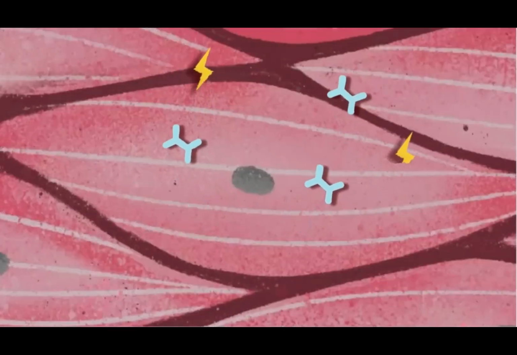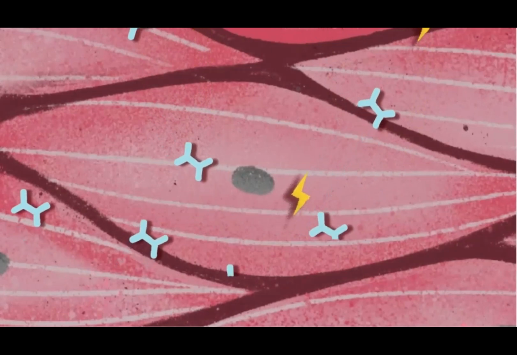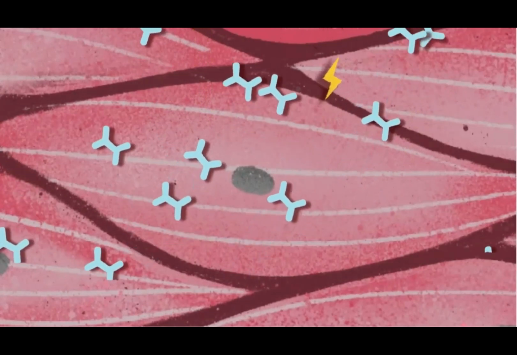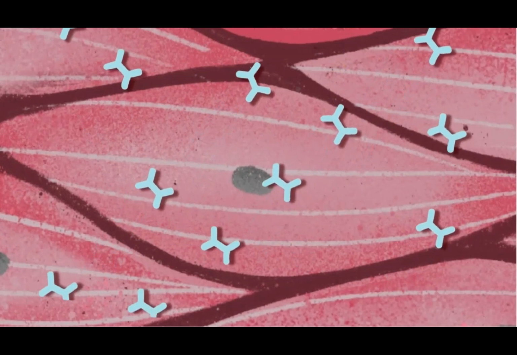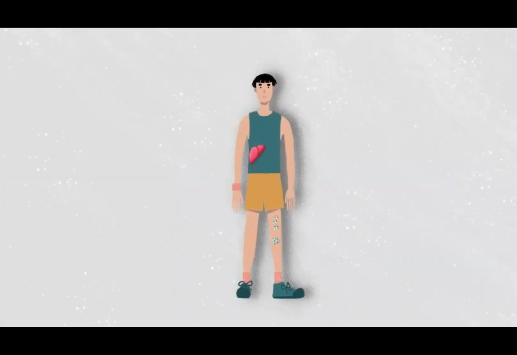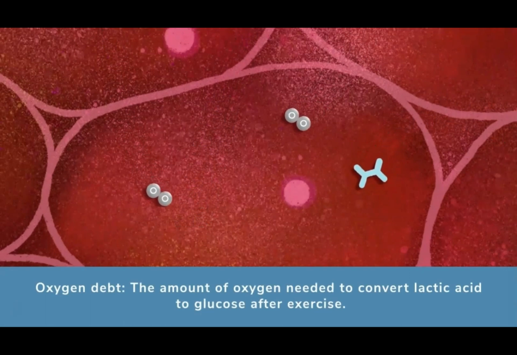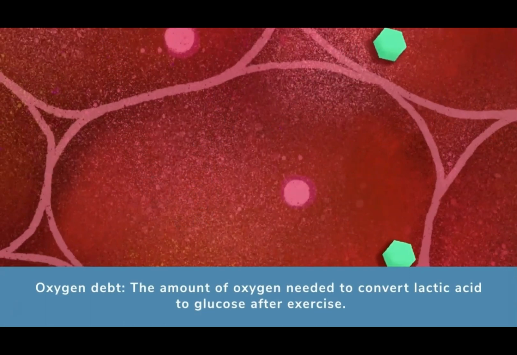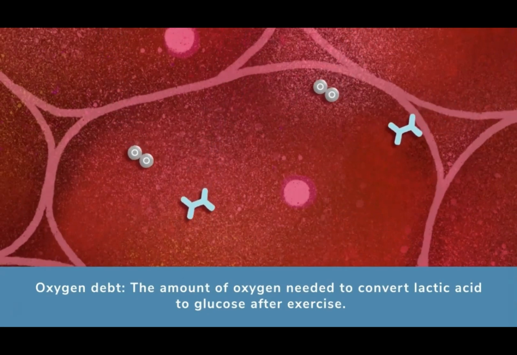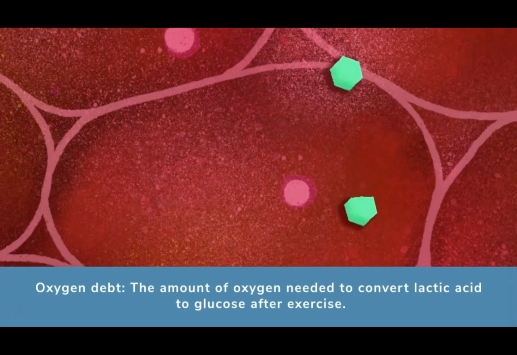The buildup of lactic acid decreases the pH of our blood, which affects the functioning of our enzymes. The lactic acid is transported through the bloodstream to the liver to be converted back to glucose. Oxygen is needed for this process. The amount of oxygen needed to convert lactic acid back to glucose is known as an oxygen debt.